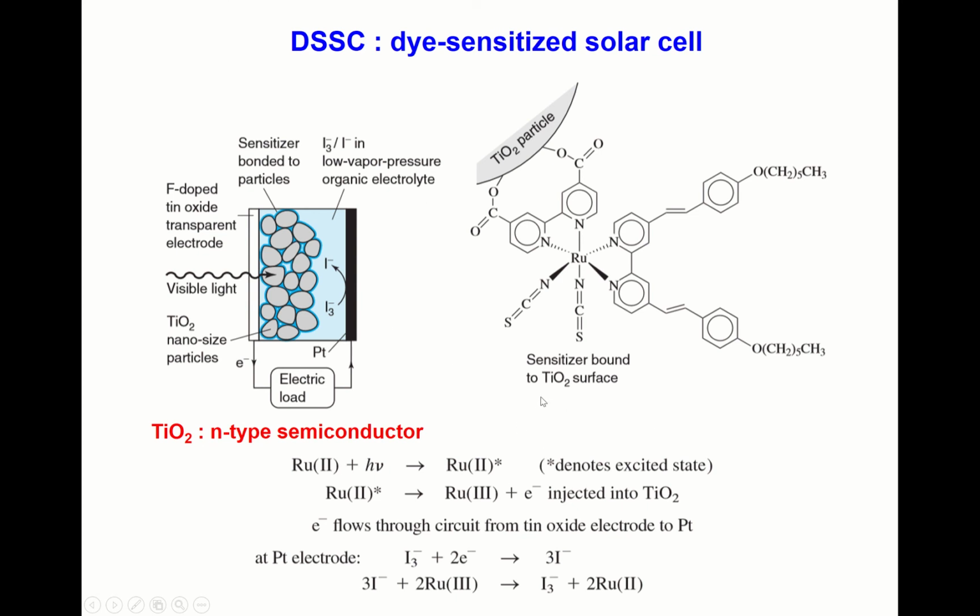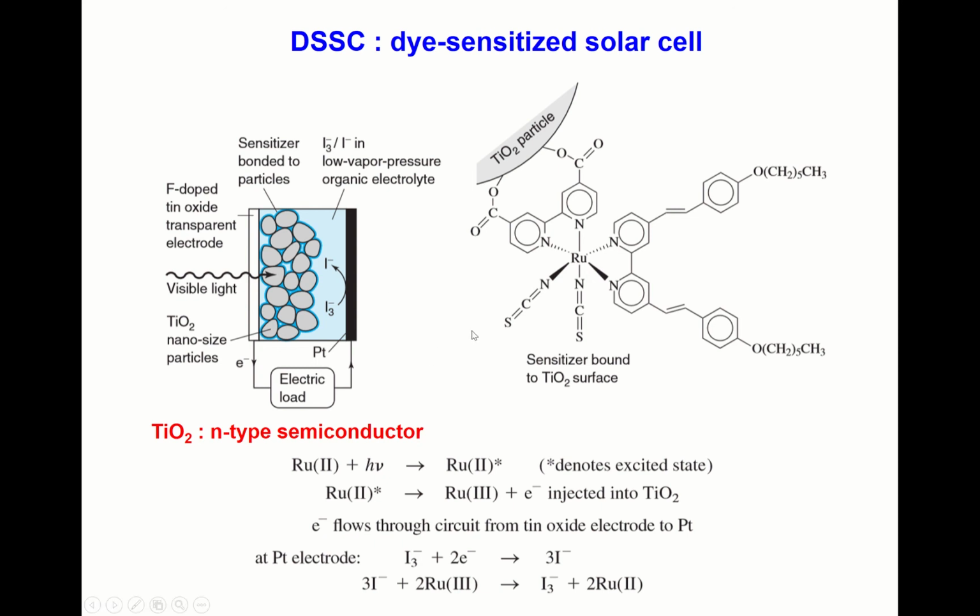Okay, but recently another solar cell has been developed. The principle is the same, but they don't use dye-sensitized molecules, but they use a new material, perovskite. Okay, that is called the perovskite solar cell. Okay, but I don't introduce that solar cell.